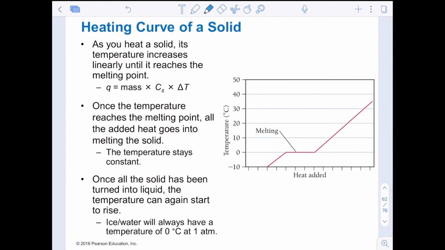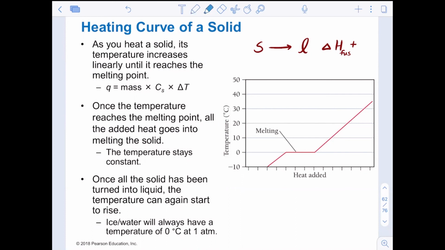Melting specifically going from the solid to the liquid is also an endothermic process. Delta H fusion is usually what it's called. Again, that is an endothermic process, just like our boiling was, all right?